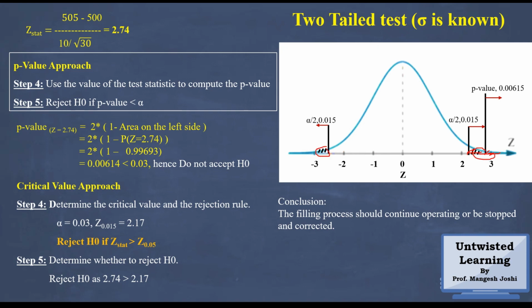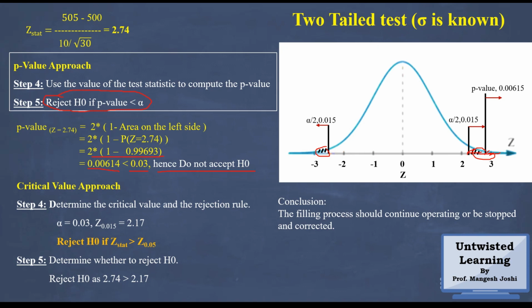So that gives us the value of 0.00614. The p-value is 0.00614, which is less than your level of significance alpha, and hence reject H0. If the p-value is less than alpha, you have to reject H0.